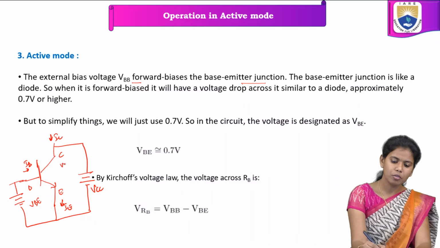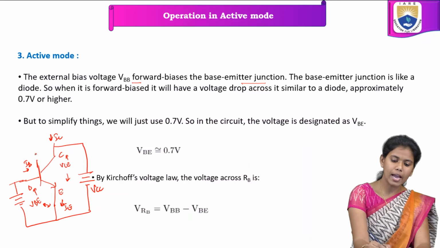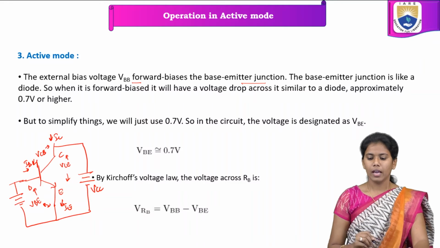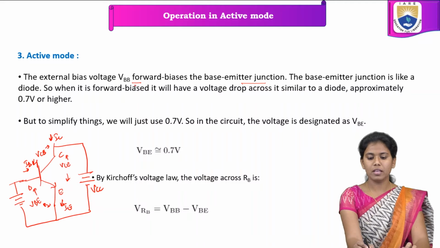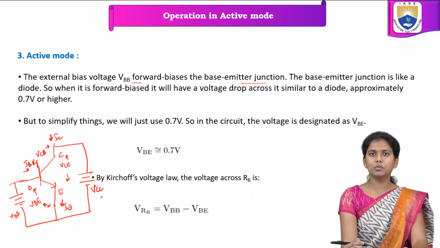Here VBE is the voltage across base and emitter, and VCB is the voltage across collector and base. From this figure, the forward bias external biasing voltage is VBB, and VCC is with respect to the collector.